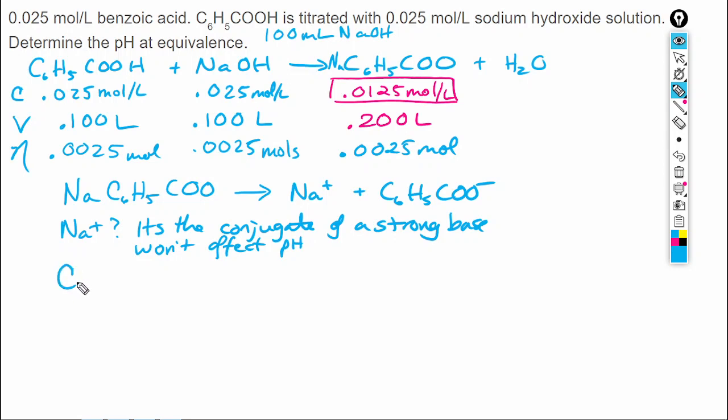But the other one, is that the conjugate of a strong acid? No. It can affect pH. If I react that with water, well, what do I get?